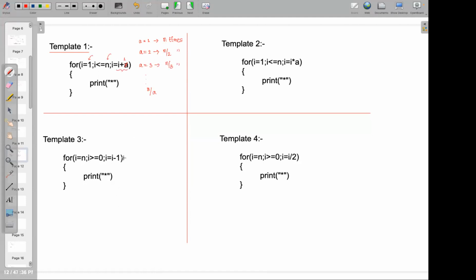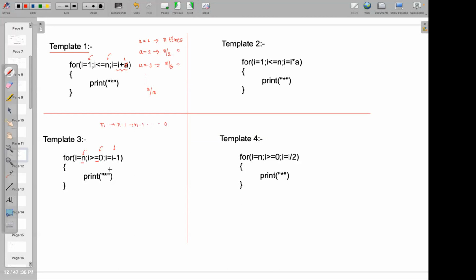Now the same thing I have written in the reverse order, which means I am starting at n and going till 0 or 1, whatever it is, but I am decrementing here. Always take where the starting point is and where the ending point is. I am starting at n. Next time it becomes n minus 1, after that n minus 2, and so on. At 0 it stops. So how many times is it running?